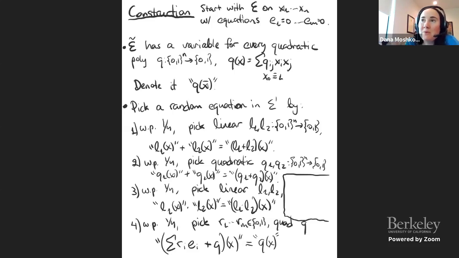And the variable could be assigned anything, right? So with the quotes, it's not clear if it holds, but hopefully what I'll show is that if it holds with high probability, then my assignment actually can be decoded to a good assignment for E.